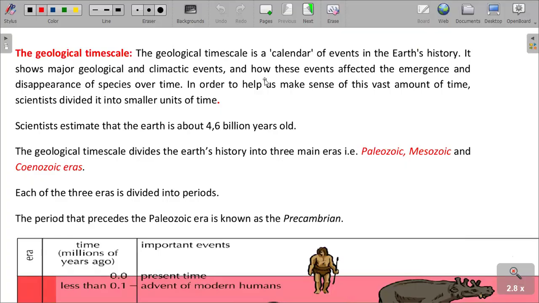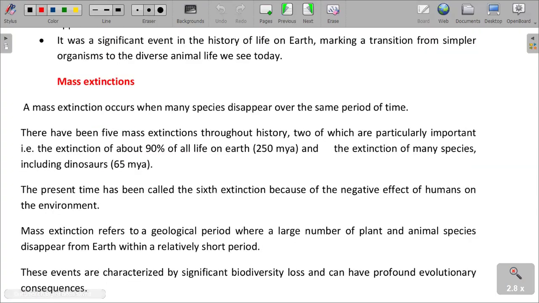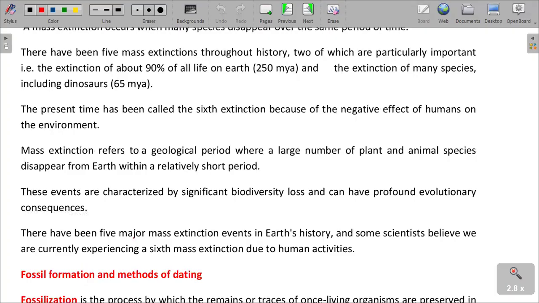We are going to talk also about the various eras or periods that we have, and then the mass extinction. What is mass extinction? What characterizes mass extinction?